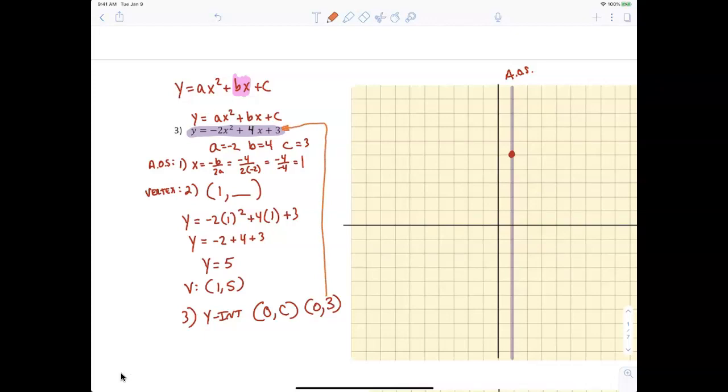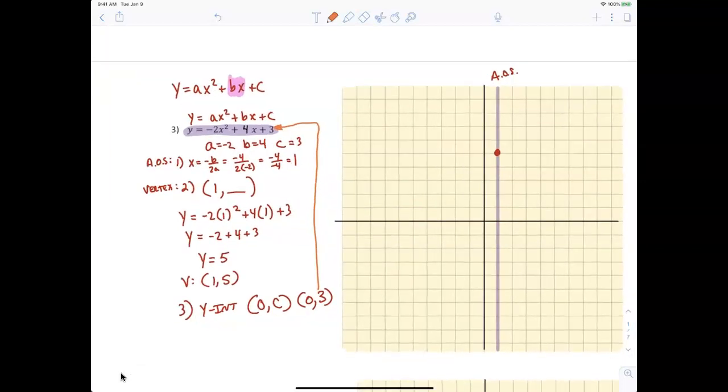Or you can just remember you plug 0 in for x. So now watch me plot the y-intercept (0, 3). 0, 1, 2, 3 goes here. Count 1 unit away from the axis of symmetry, which means I am at 1 unit right there. That unit right there is the same as that unit right there.